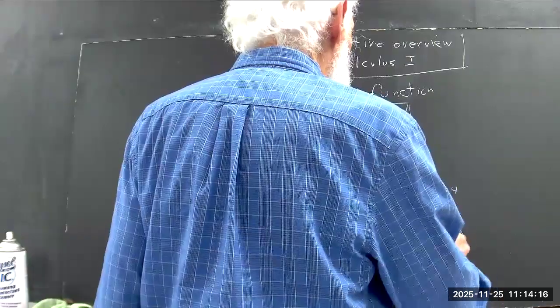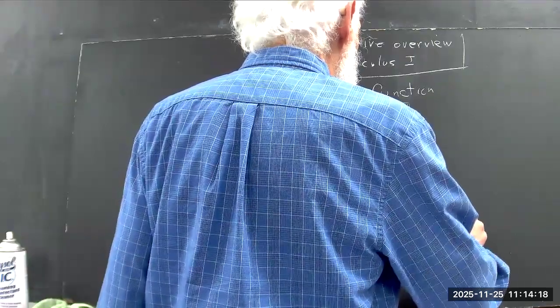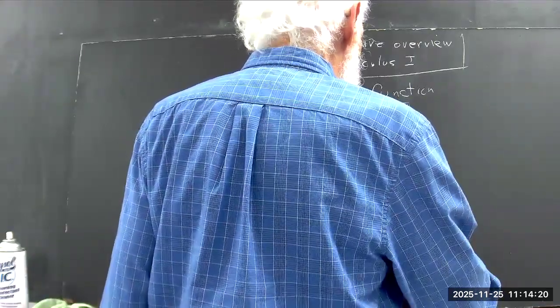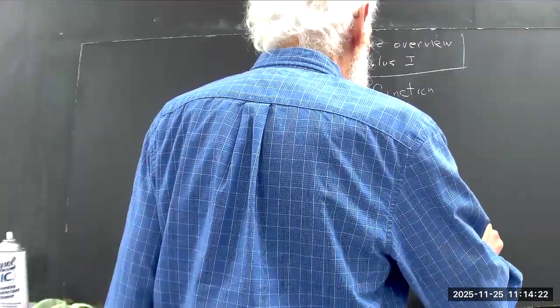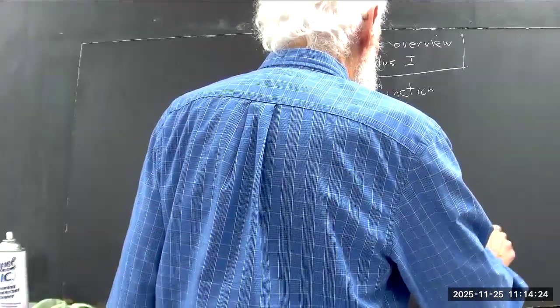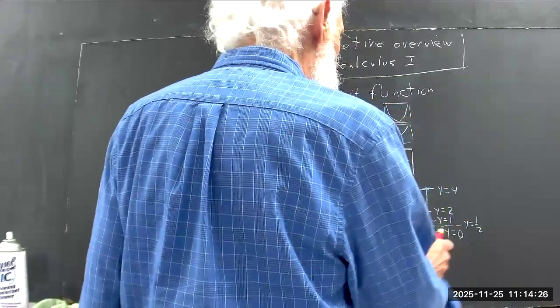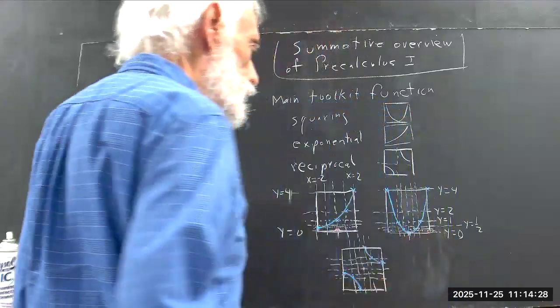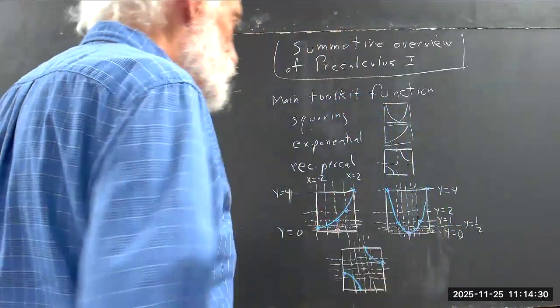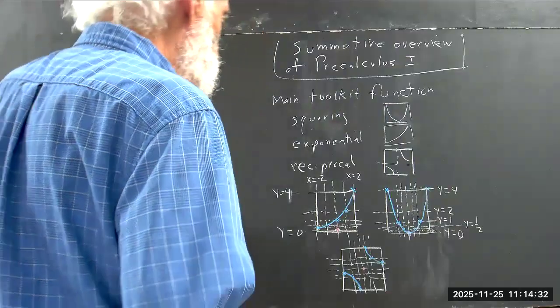This horizontal line will be y equals 2. This is our y equals 1 line. If I extend this out a little bit, it's our y equals 1/2 line. And then we have the y equals 1/4 and y equals 1/8 that I'm not going to sketch in.